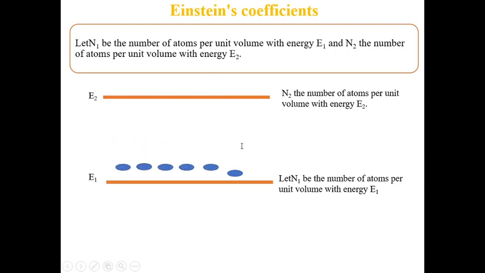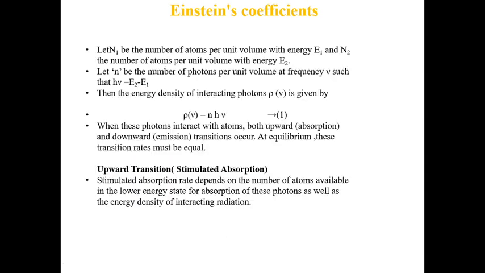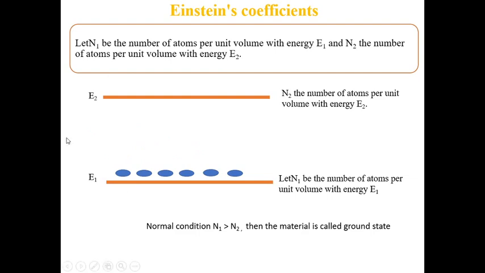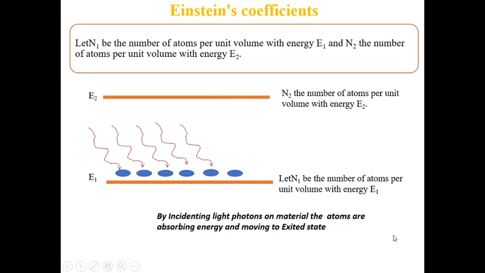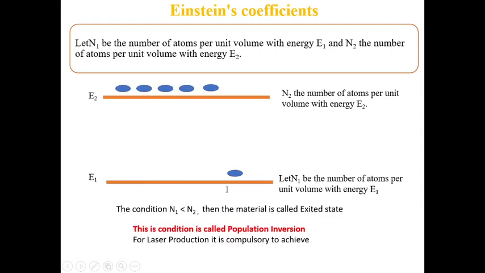Now consider the first case, the initial or normal condition: more atoms exist in the ground state and fewer atoms exist in the excited state. Now by absorbing these photons, the atoms move from the ground state to the excited state.